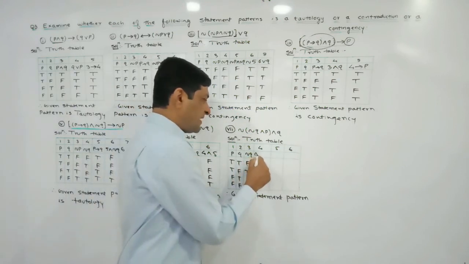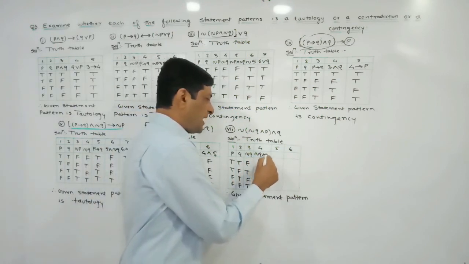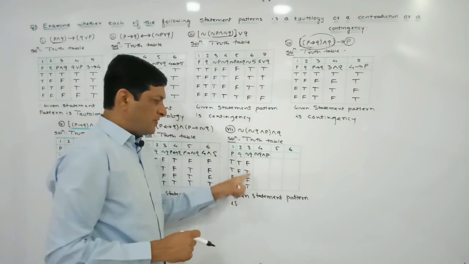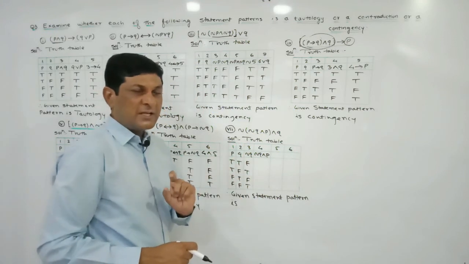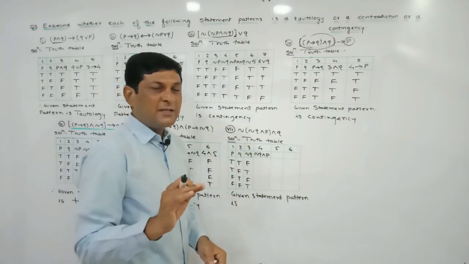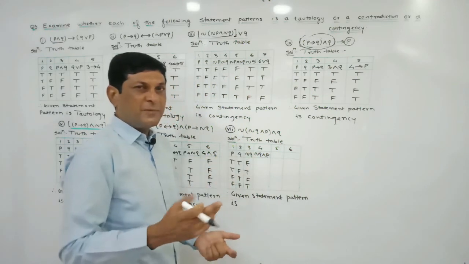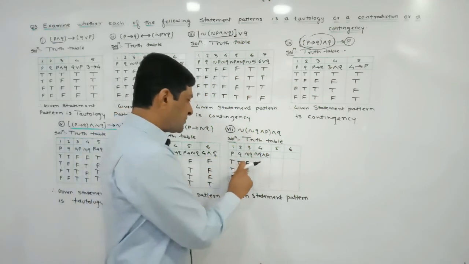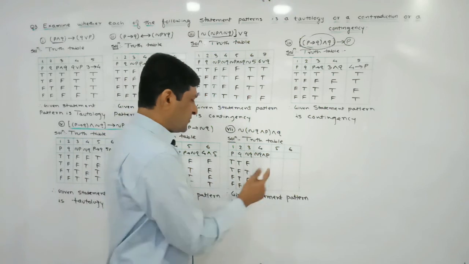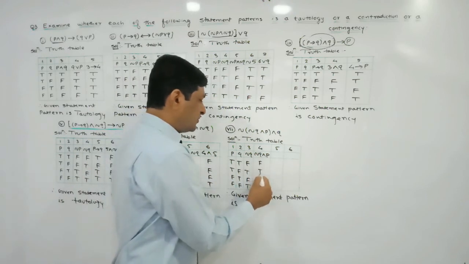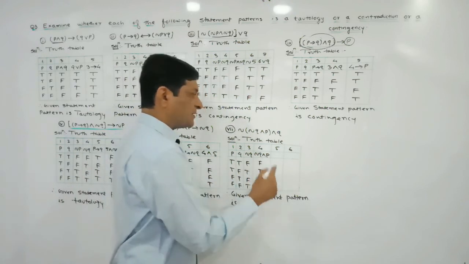AND, meaning we are finding the truth value of negation Q and P. Since we are connecting them by AND, if one statement is false, AND will be false. So false, true, false, false, false, true, false, false.